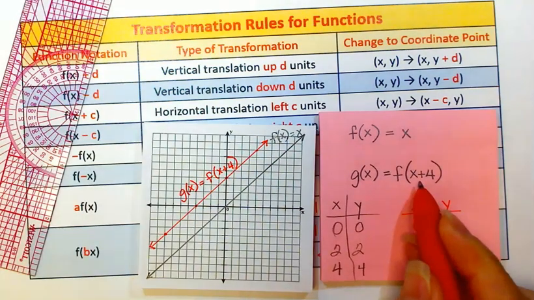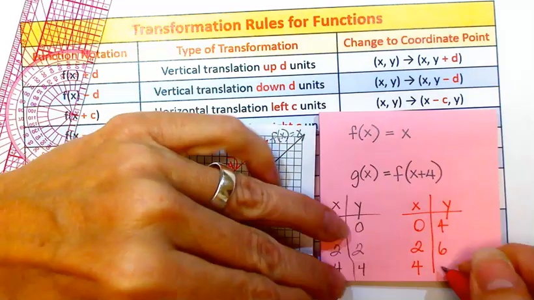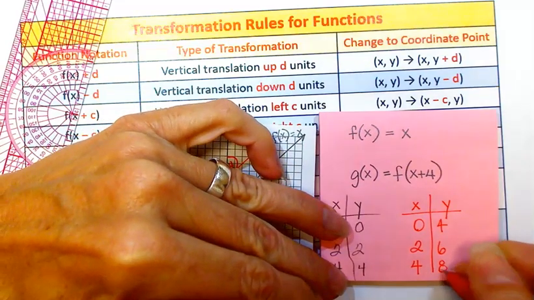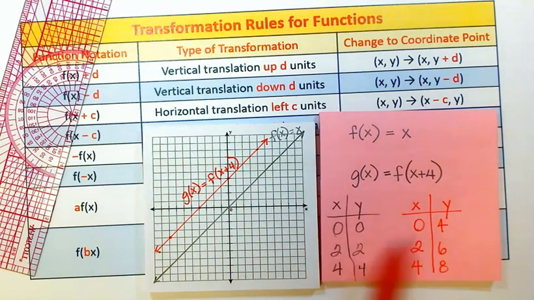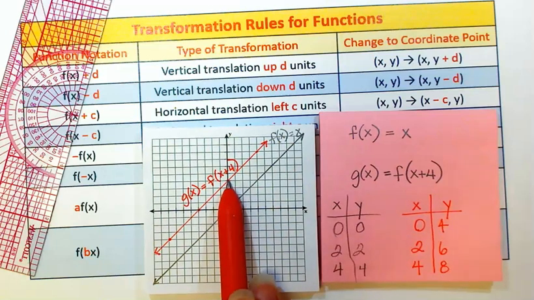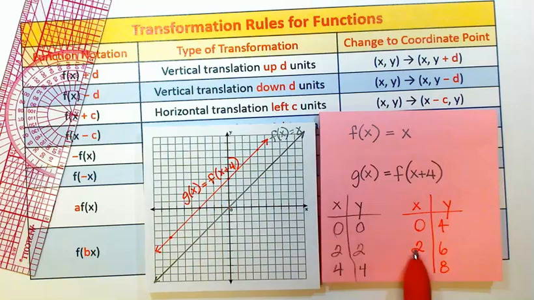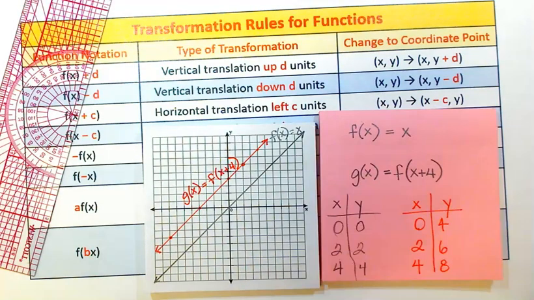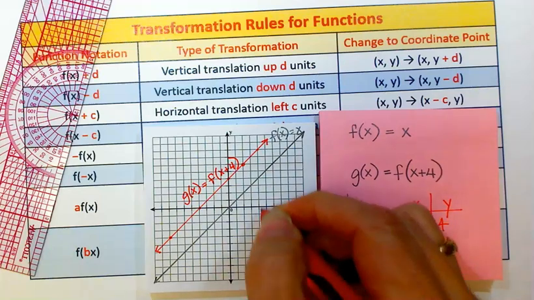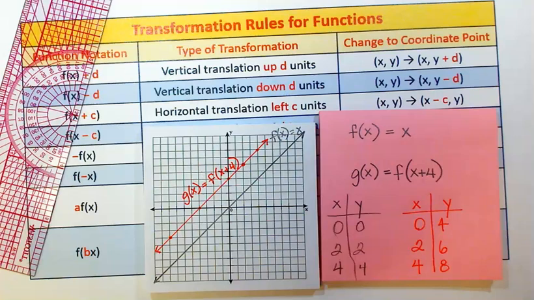When the x value is 4, the y value is 4 more than the original one. Now, notice that instead of it crossing at 0, 0, the new one crosses at 0, 4, which is up here. 2, 6 is right here. 4, 8 is right there.